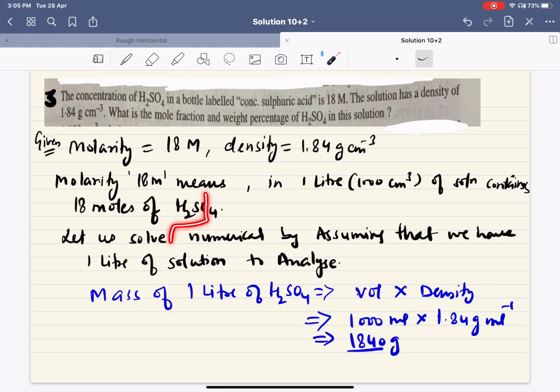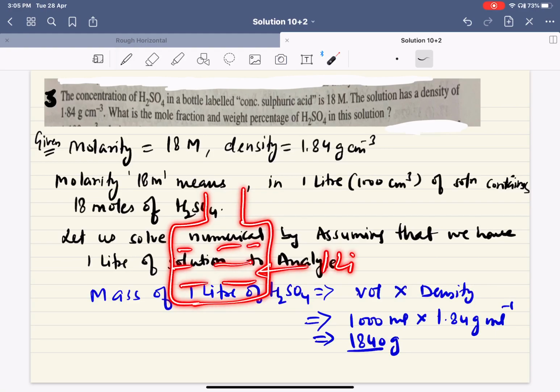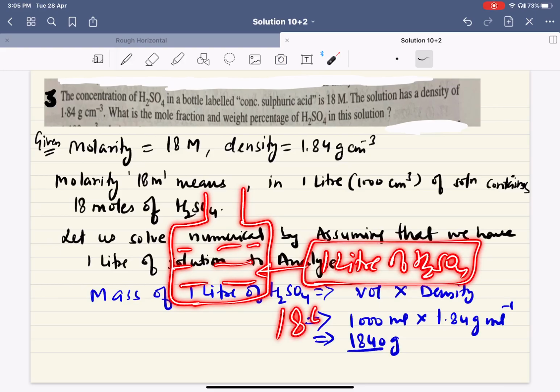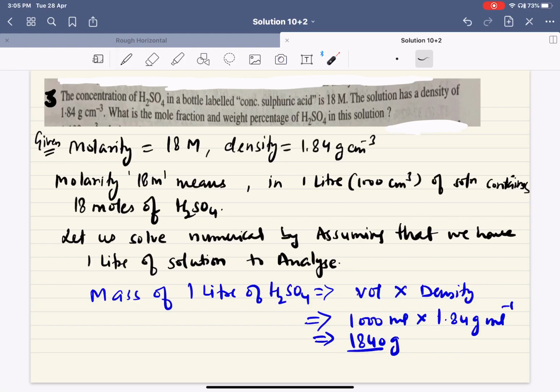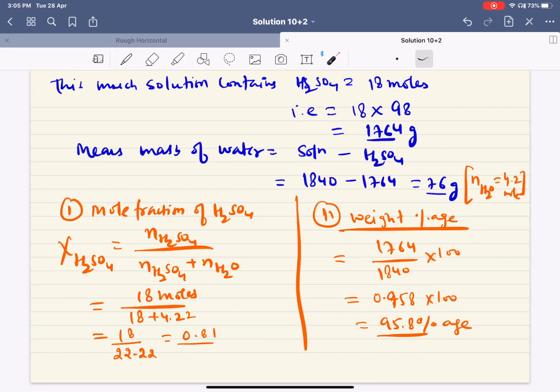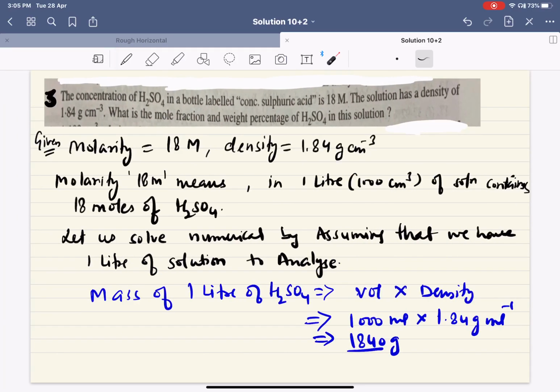Means if you take 1 liter of H2SO4, that will have 1840 gram in weight. It will be this much in weight, and 1 liter in volume. Okay, so this much solution contains how much H2SO4? 18 moles of H2SO4, because we know that 1 liter of such solution contains 18 moles of H2SO4.